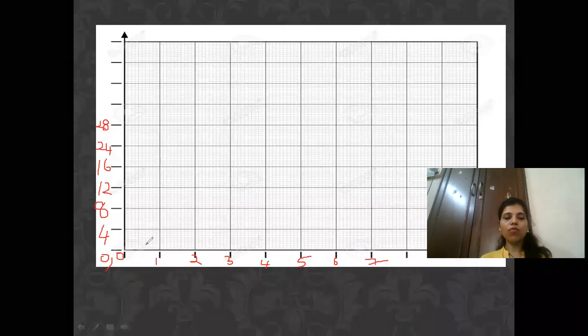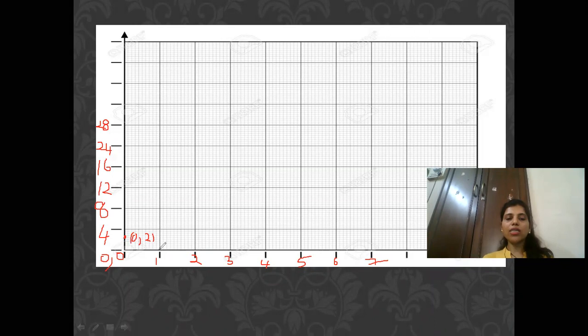So as you can see, 0 is 2. So I'm taking it here, the midpoint. You have to write the coordinates. X coordinate is 0 and Y coordinate is 2. So please write down the coordinates in the bracket when you're marking the point. After that, 1 is 6. So somewhere here, 6. You're going to plot 1 and then 6 comes from here, because it will be 6 after 2 lines, and then after 2 lines it will be 8.